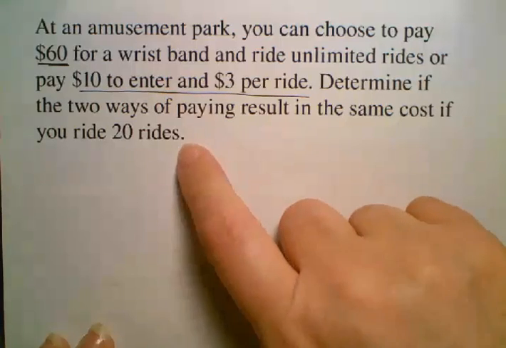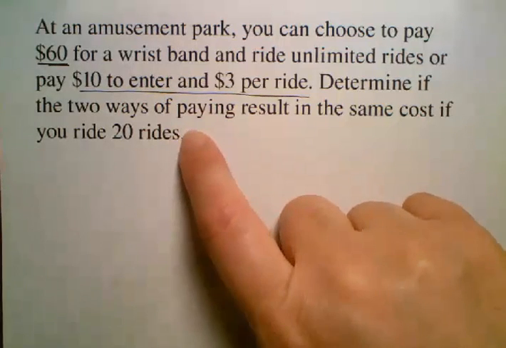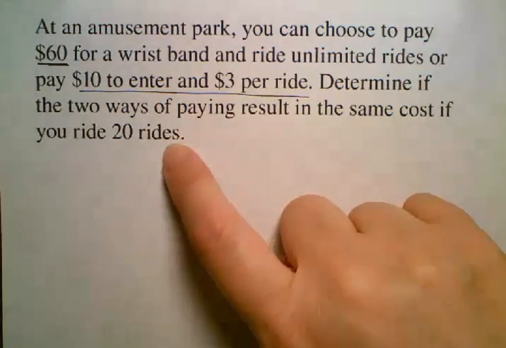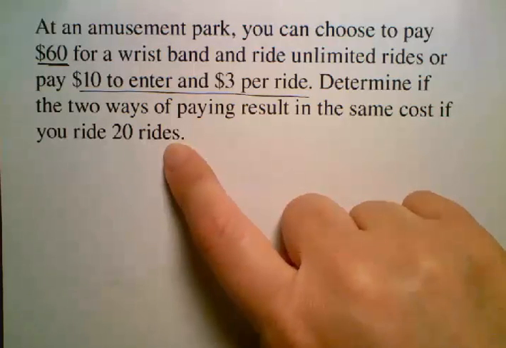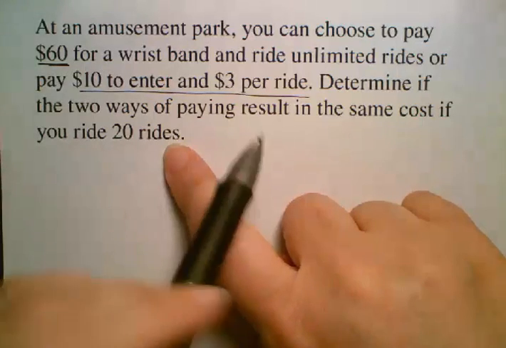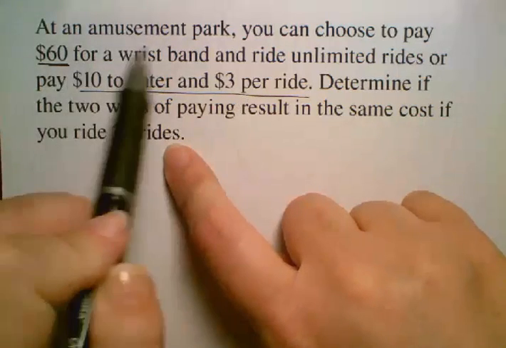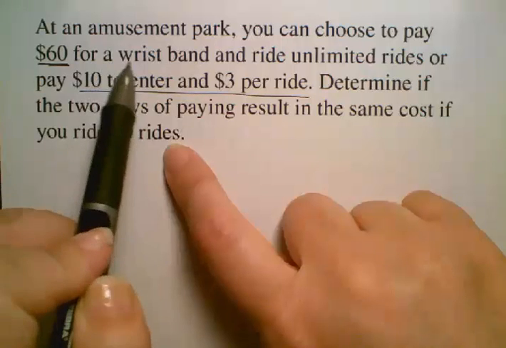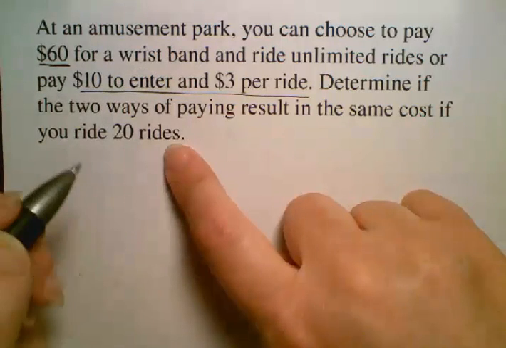Now, what you want to do here, and in your real life situation, you will decide, okay, how many rides do I think I'm going to ride? Well, let's see, I'm going to ride this, this, this, this. Okay, so you figure out how many rides you're going to ride, and then you decide, is it going to be cheaper for me to pay per ride or for an all-you-can-ride wristband? So let's see.